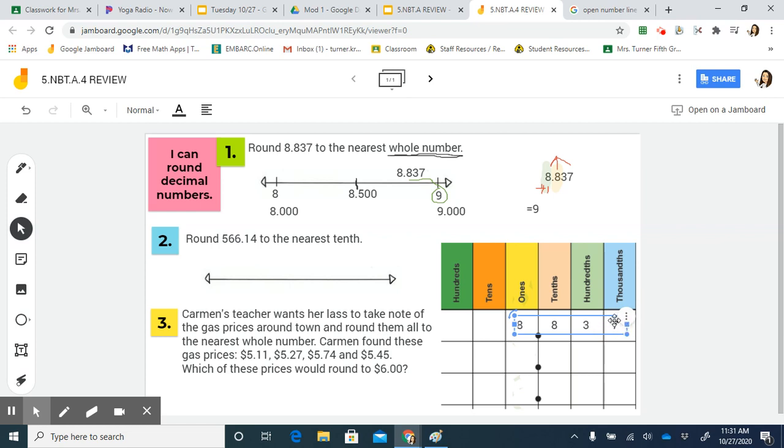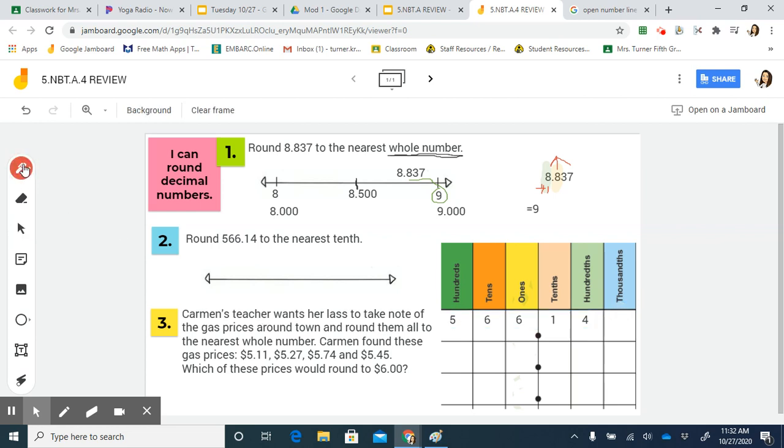My number is now 566 and 14 hundredths. There should be a 5 in the hundreds, a 6 in the tens, a 6 in the ones, a 1 in the tenths, and a 4 in the hundredths.